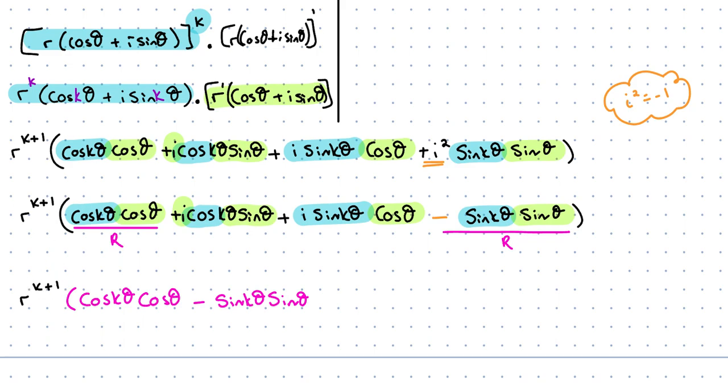I'm then also going to have, on the next part here, my imaginary numbers. So there's my two imaginary numbers. I'm going to factorize out i as common, so I don't have to write it twice. We've got cos of k theta, sine of theta, plus sine of k theta, cos of theta.